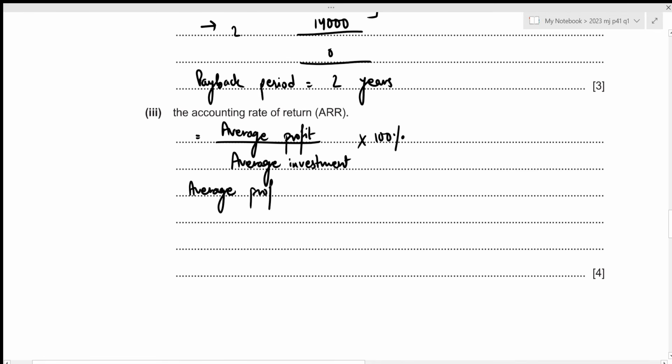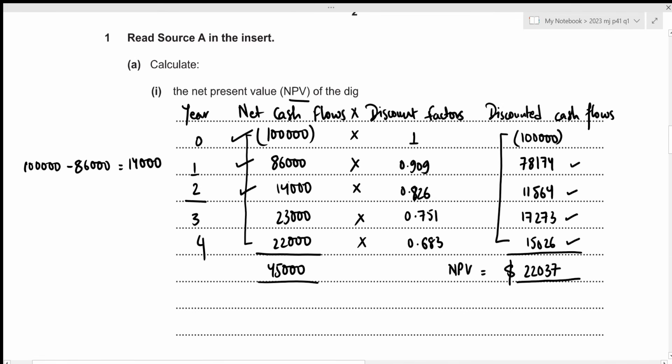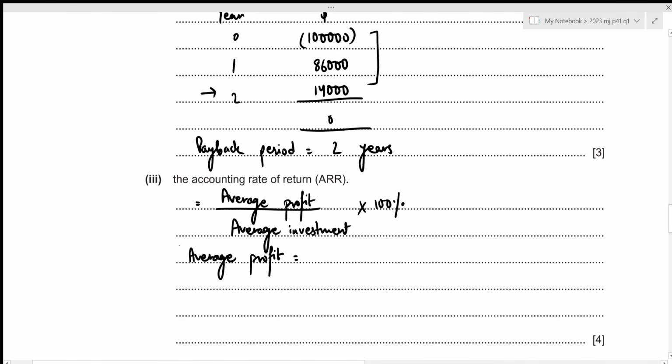We have already calculated the total profit above. That was just the sum of our net cash flows for the 4 years and our initial investment. So the total profit was 45,000 and the total number of years in this case is 4. So we just need to divide 45,000 by 4 in order to figure out the average profit. That's 45,000 divided by 4, which results in 11,250.